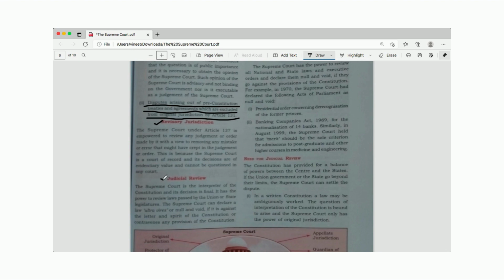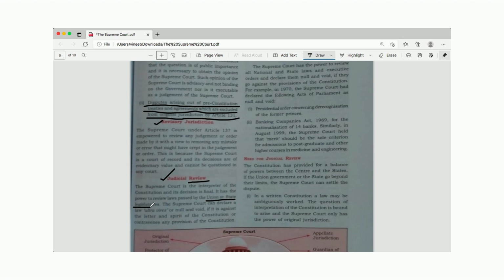Another part you will do is the judicial review. Now this word says review. Like when you review a movie or a book, you want to say what was good, what was bad about it. Same way the judiciary reviews. What does it review? It reviews the laws made by the central and state legislatures, union or state legislatures.